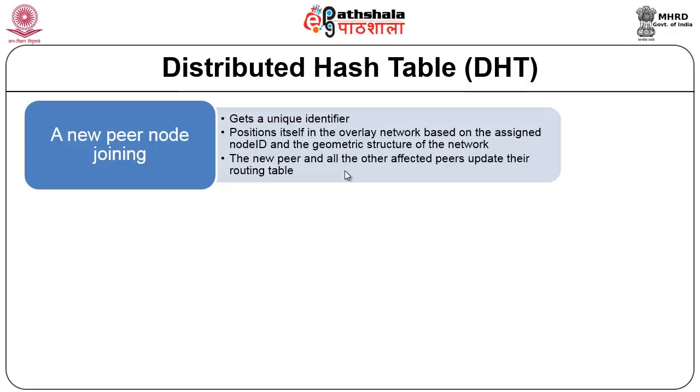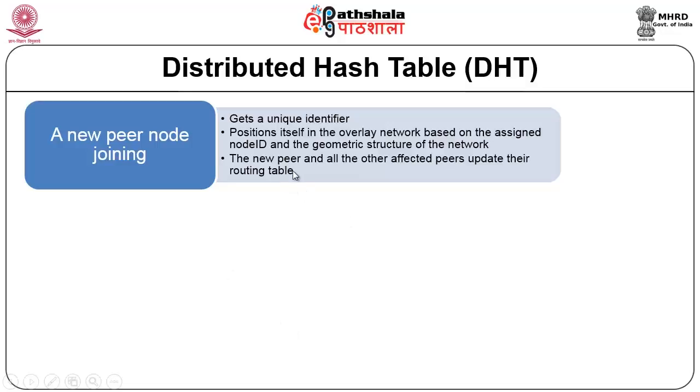So if I have nodes 1, 7 and 10, and I add a node at 6, then only 1 and 7 will get affected because there are no other nodes in between. So it takes some data from 7 and starts managing those keys.